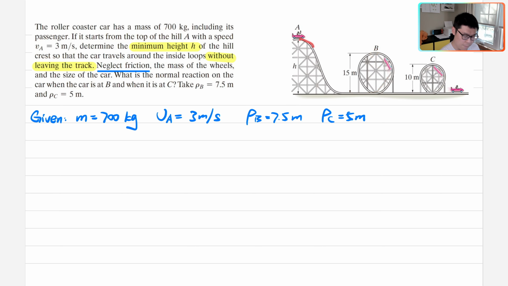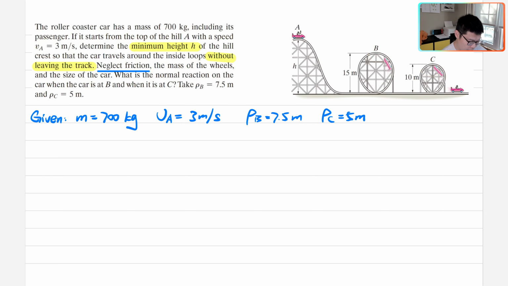If we have enough speed, of course, it will go through B and go through C. So there has to be a critical point that distinguishes whether I'm going to stop right here and start to roll back, versus going through B and going through C. So what is happening at point B, or at the same time, what is happening at point C? This is what you want to figure out.